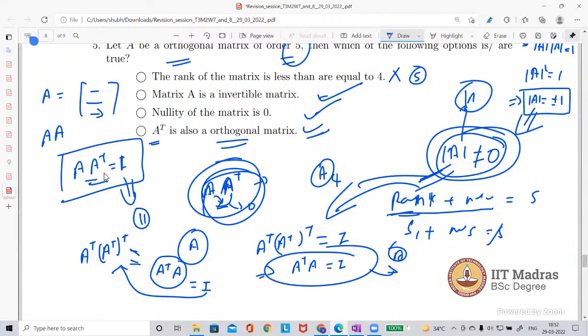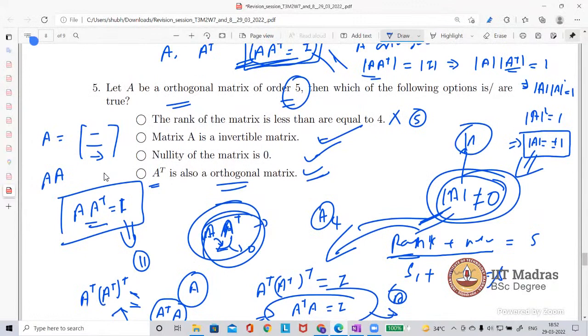Then A transpose converts rows into columns. Then if we multiply a row with another row, it should also be 0. But you will multiply with itself, right? Once you multiply with itself, that will give 1, and the rest will all give 0. Okay. Got it.